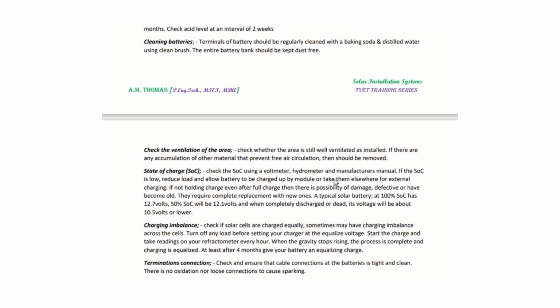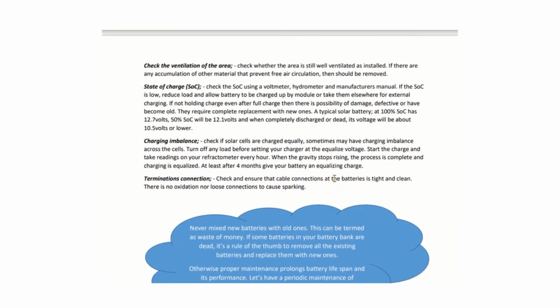Sometimes you may find that the state of charge is low, which means even when there is sunlight, the battery cannot become full. So it's advisable to reduce the load and allow the battery to charge to fullness before you restore the full load.